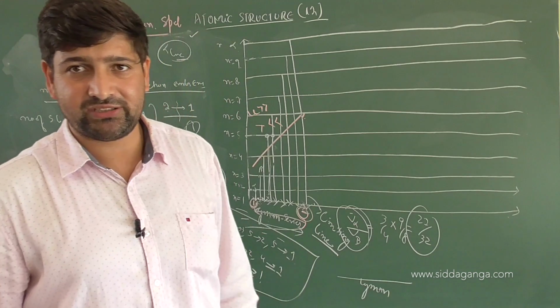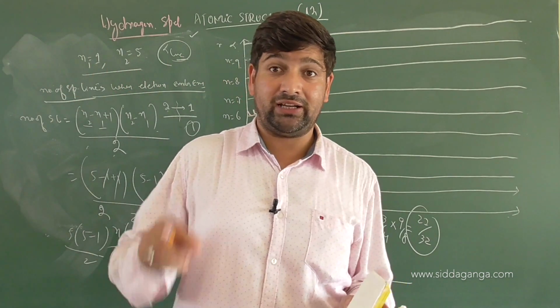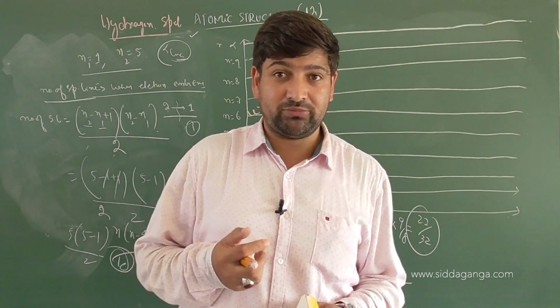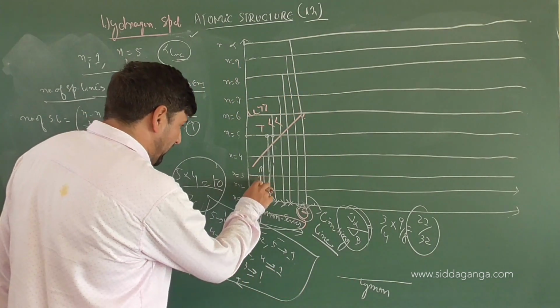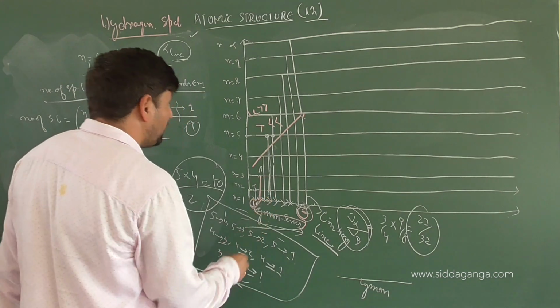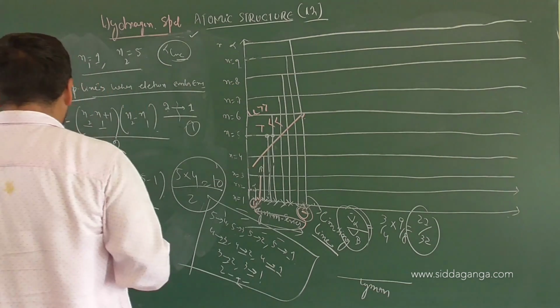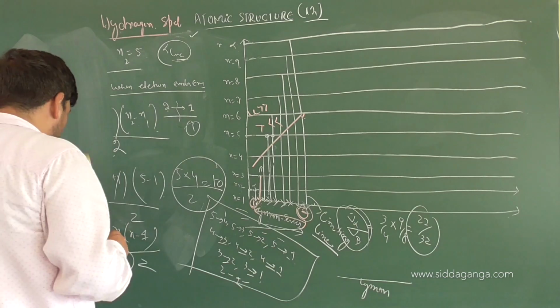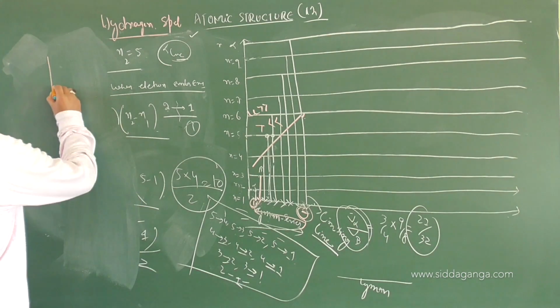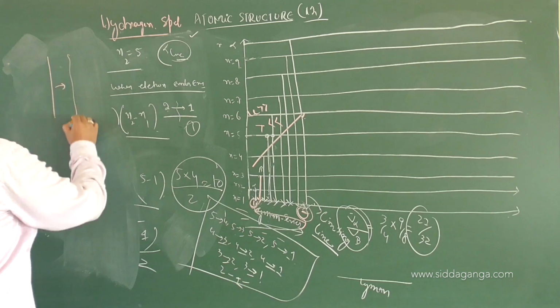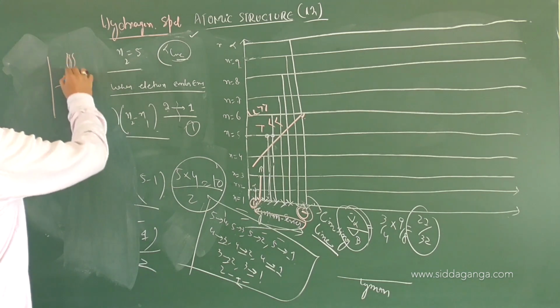Did you understand the Lyman series? Did you understand how to calculate the individual jumps that are possible in a particular line? So technically, children, one line will be one band for you. When I say one line, I mean when the electron is coming from the excited to the ground level, this will be produced as a band, and this particular band will be composed of many small jumps as well.